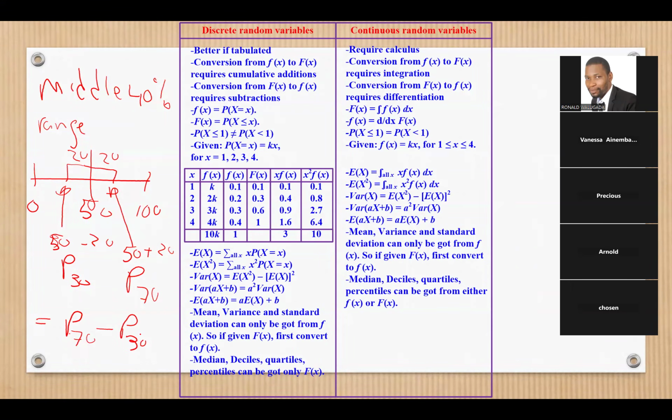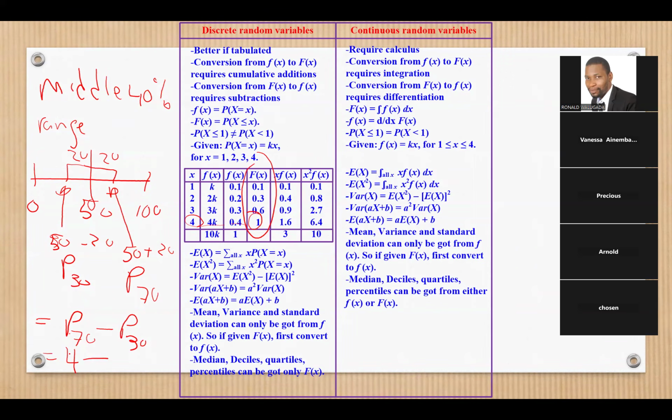Now that that is known, let's see how to get P70. P70 is 70 over 100, which is 0.7. So come to your column, look for a value slightly greater than or equal to 0.7. That value will automatically be the one after 0.6, because 0.6 is smaller. So our P70 is 4. P30 is 30 over 100, which is 0.3.